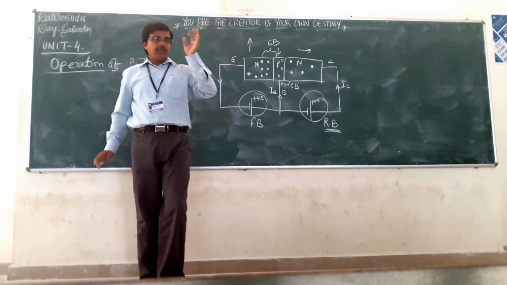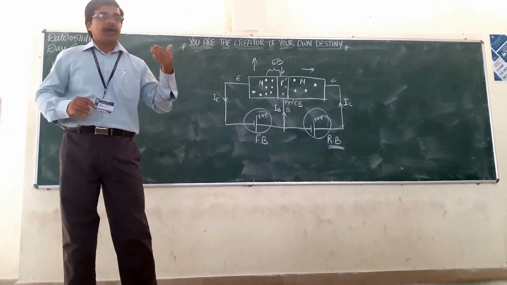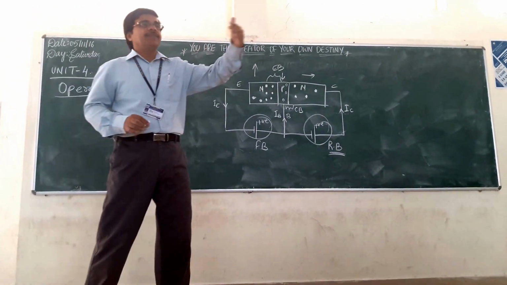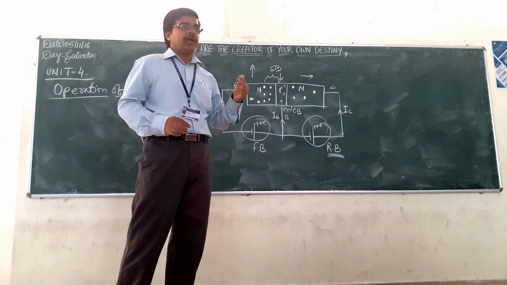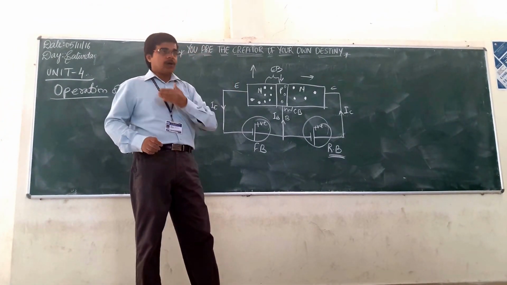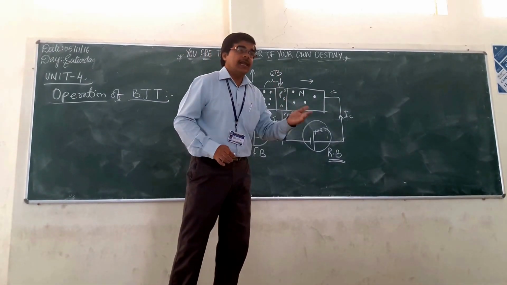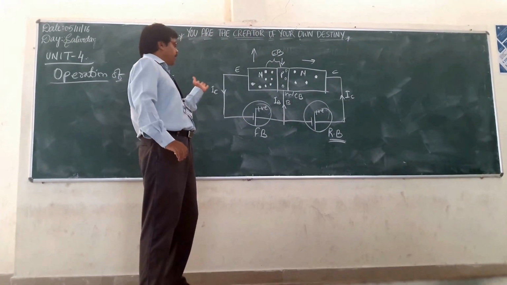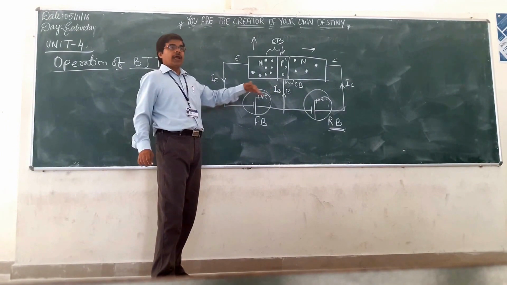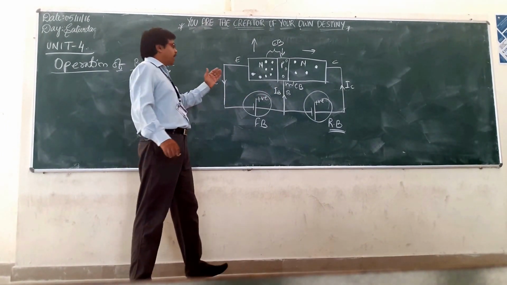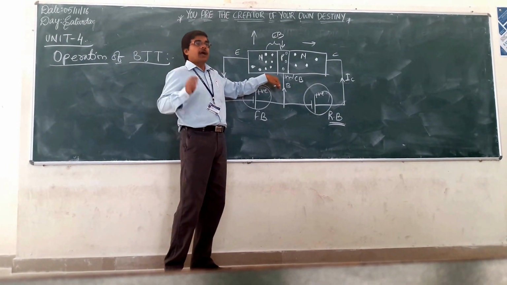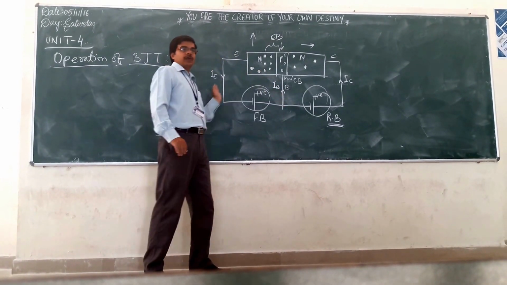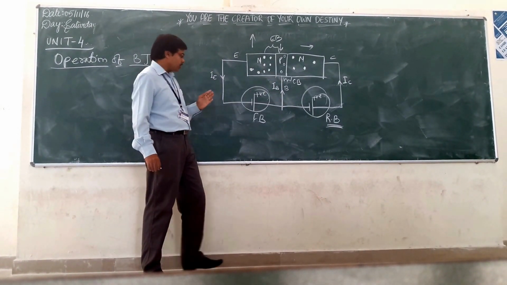Okay. So one thing is there, the flow of current will be from positive to negative, but the electrons flow from negative to positive. As electrons move from negative to positive, we say that current is flowing from positive to negative. Okay.